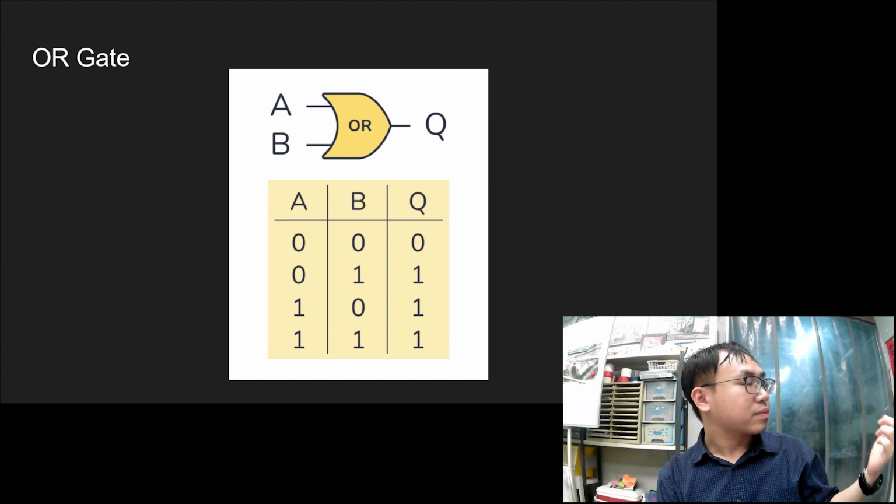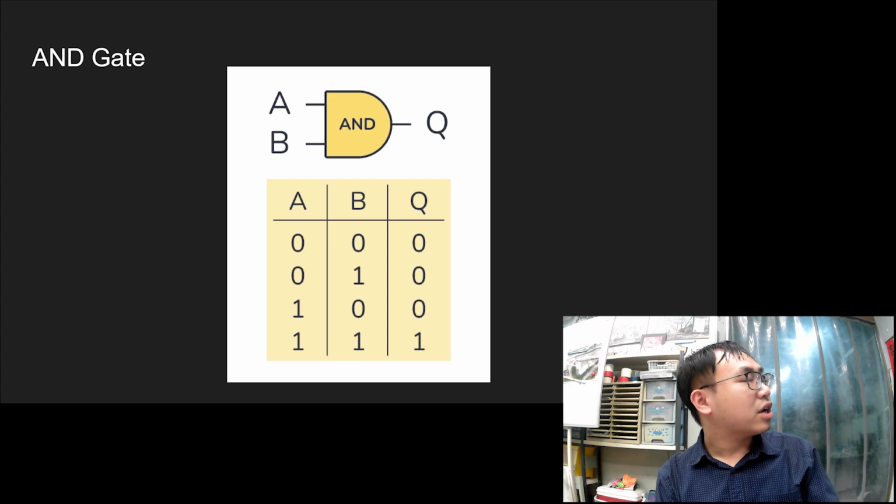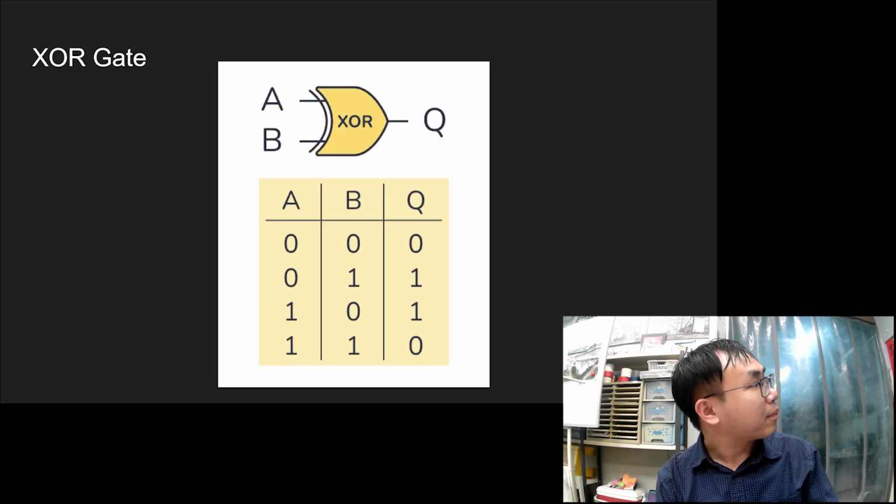OR gate: if A or B is 1, or both of them are 1, your output will be 1. AND gate: if and only if A and B are both 1, the output will be 1. You need both of them to be 1 at the same time.